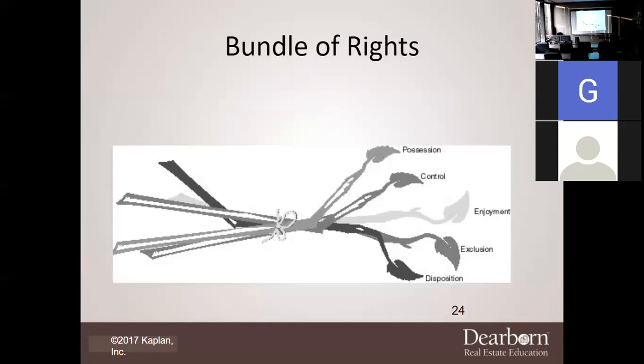Also, we can exclude. As an owner, I can exclude certain people from the property. I can say, I don't want Garrett on my property. Just like with anything else, I have the right to exclude certain individuals from coming into my property. And lastly, the disposition is the will.